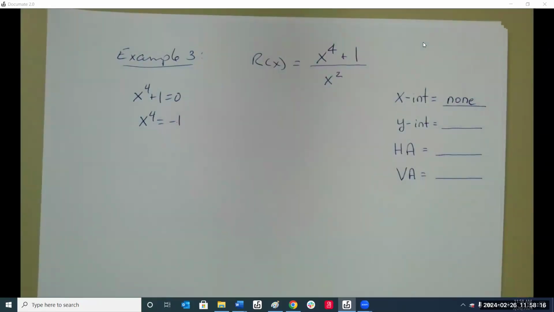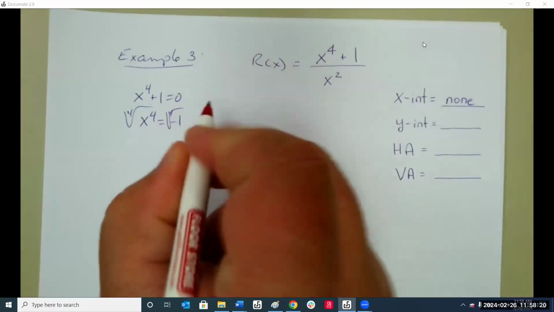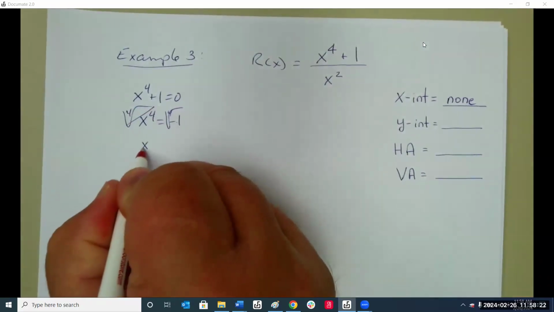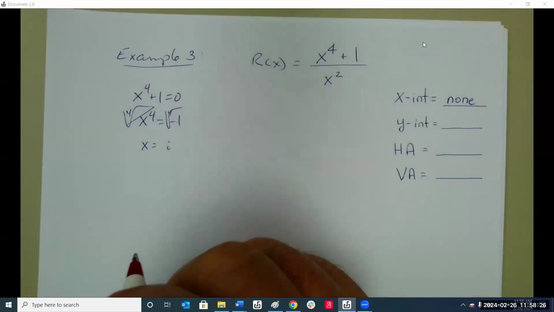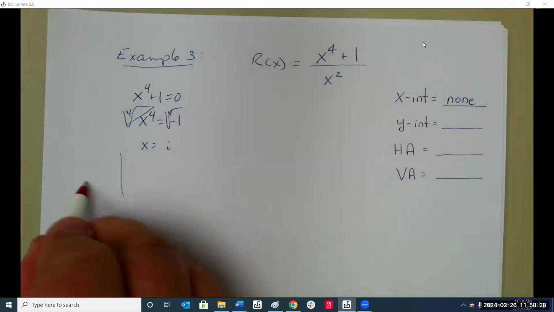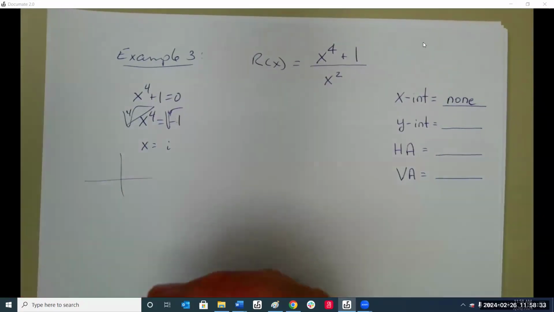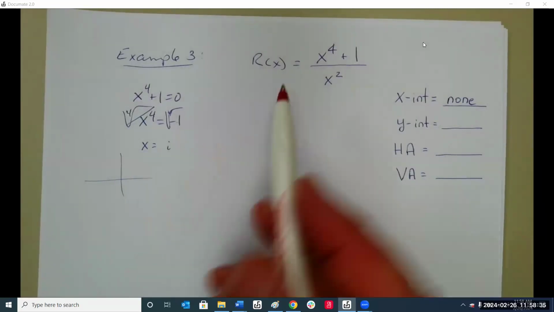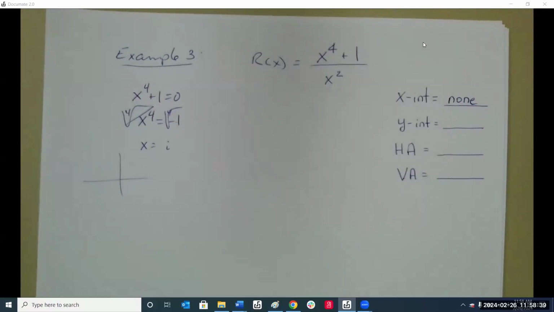So none. Because if we take the 4th root of both sides, we have an imaginary term, which tells us that our graph is going to be off the x-axis. It'll either be above or below, but since it's all positive, it'll be going up.